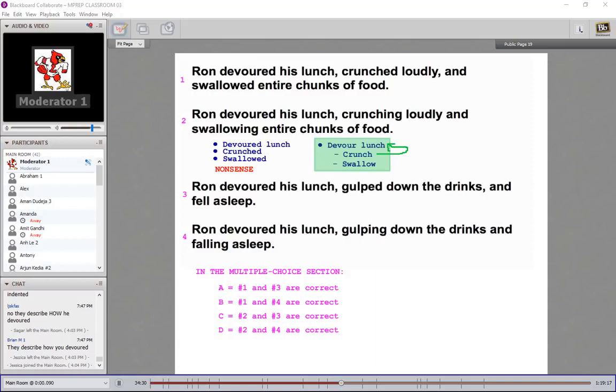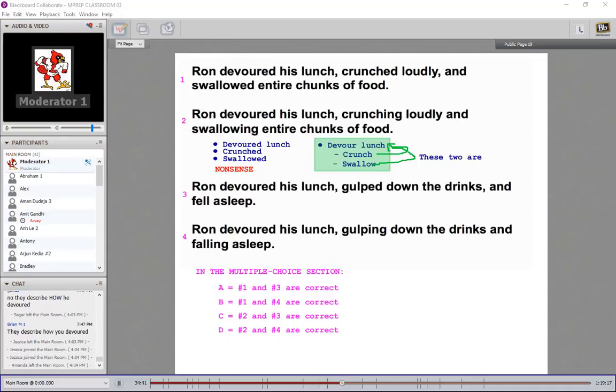These two things are descriptions of that. These two are. Yeah, you bet they are. So you do not want to put all three of these in parallel. If you put all three in parallel, you get nonsense, because they shouldn't be.